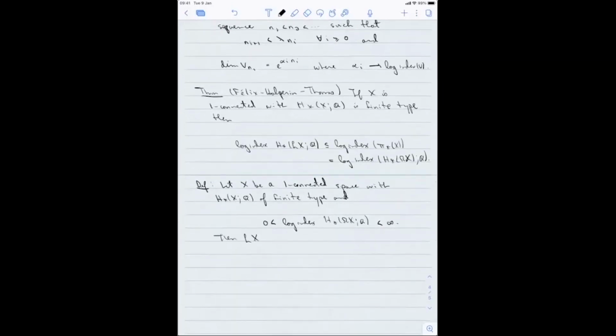Then the free loop space has good exponential growth if its rational homology has controlled exponential growth, and this inequality between the log indexes is an equality.